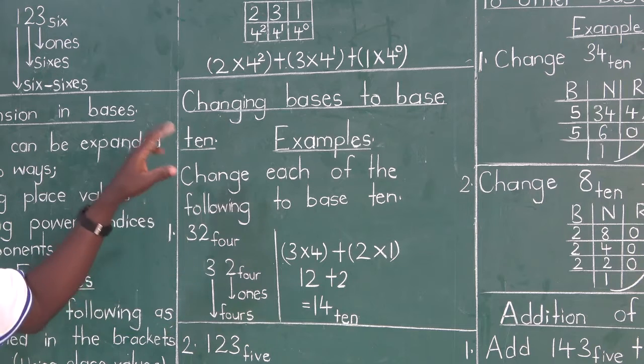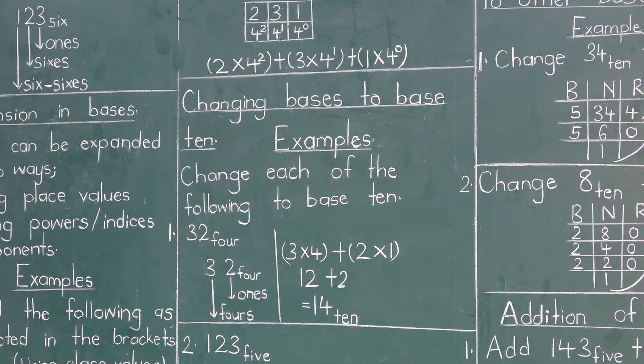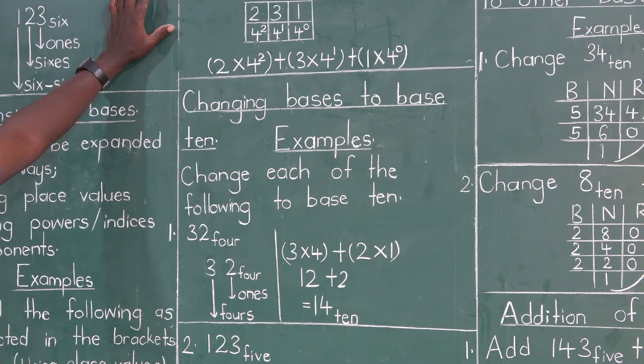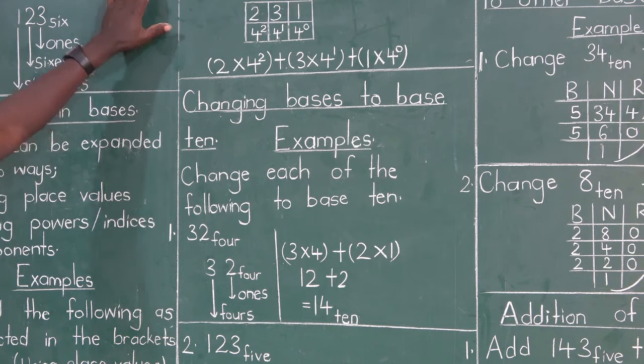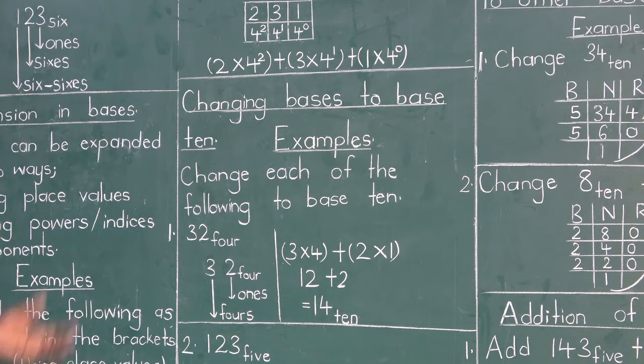The answer is by expanding them. You can expand using place values like we've done here. You can as well expand using powers and later evaluate. So having learned how to expand, you can change bases to base 10.